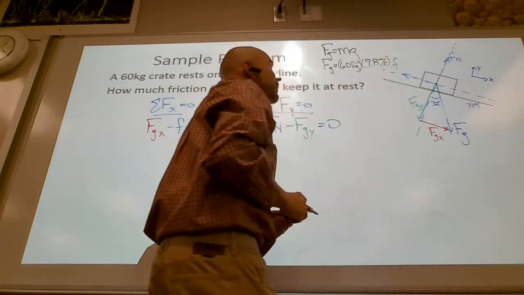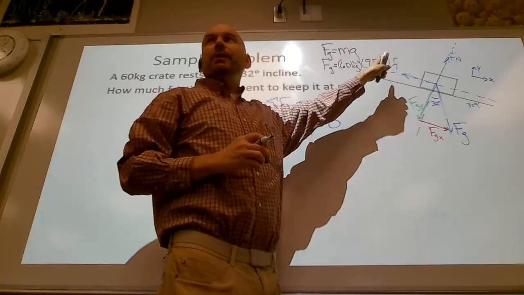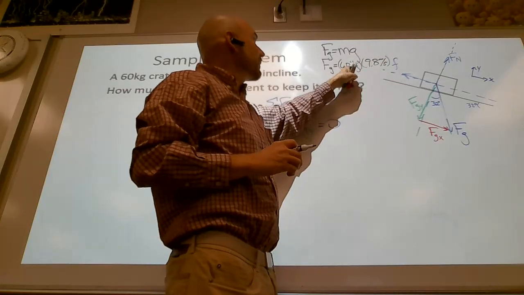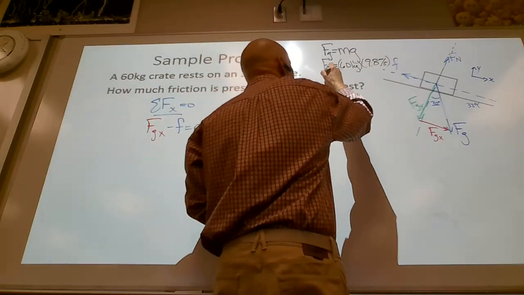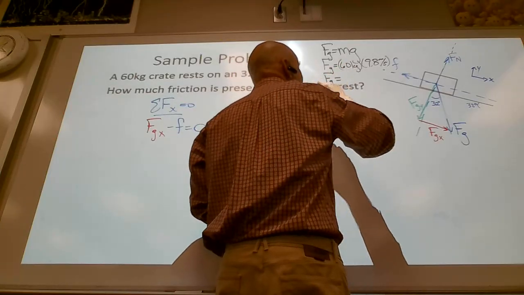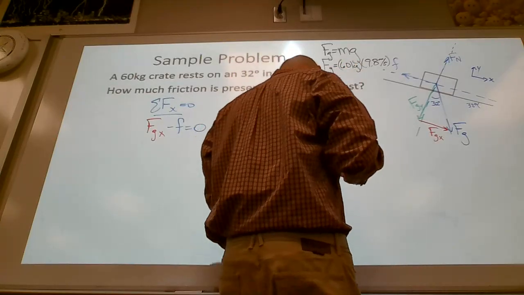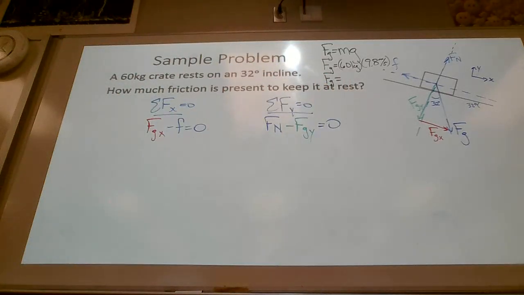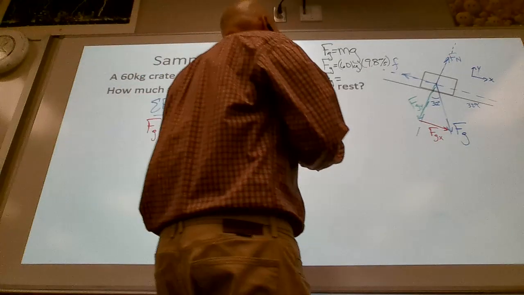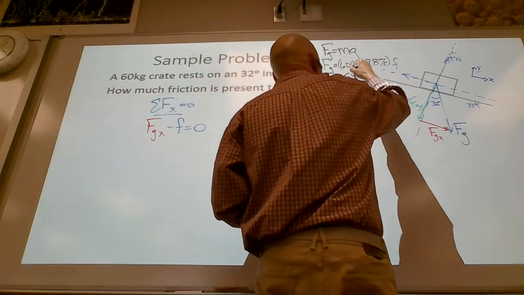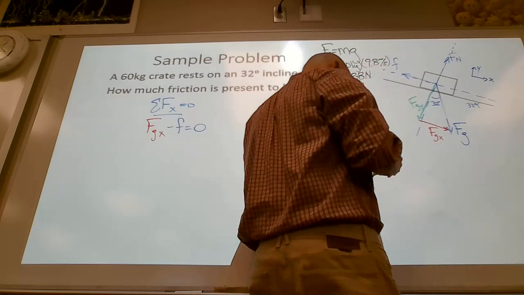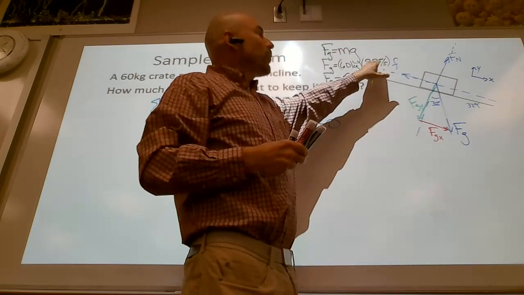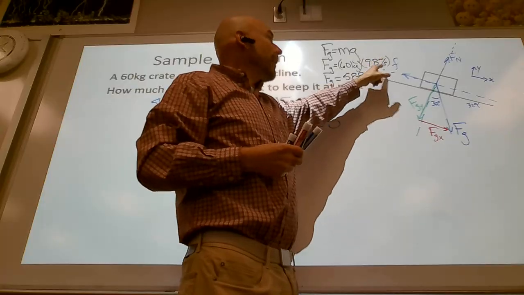Now, quick little disclaimer here. This is just an equation that converts between kilograms and newtons. This does not say anything about how it's moving. This 9.8 does not communicate how anything is moving.